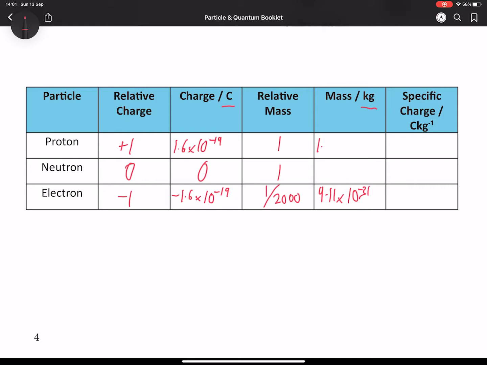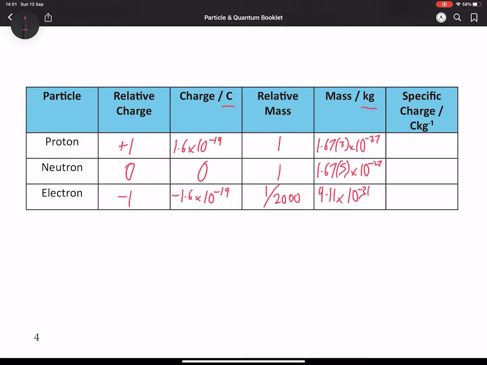Now the masses of the neutron and proton should be very similar to each other, but are not exact. So both have a mass of 1.67 times 10 to the minus 27 kilograms. However, a third decimal value of 3 for the proton and 5 for the neutron are also provided.